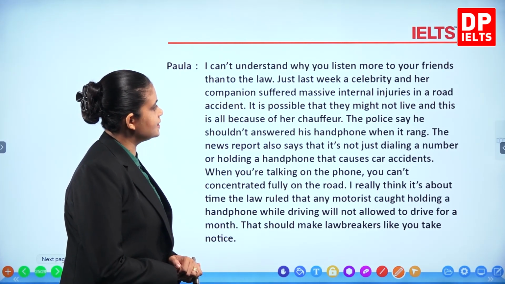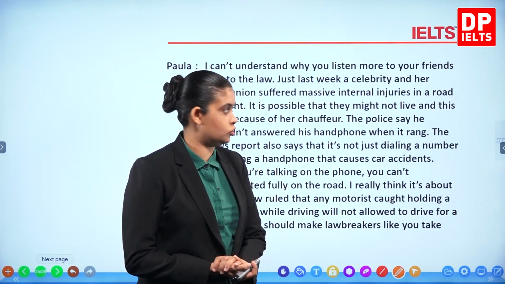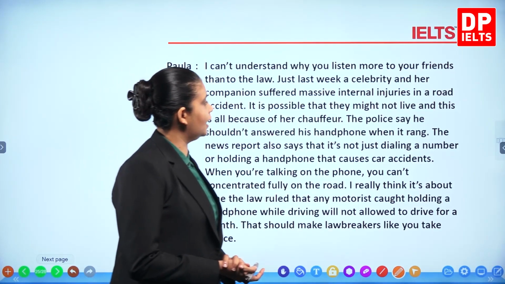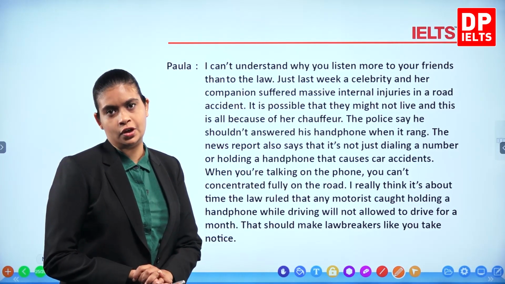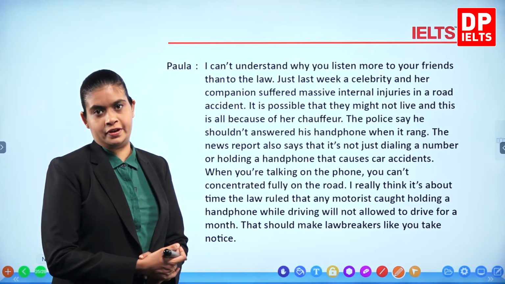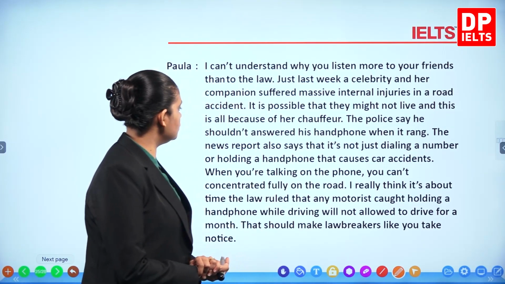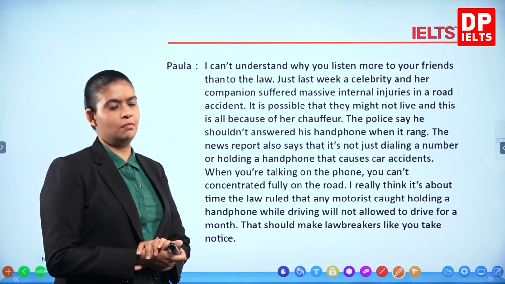Just last week, a celebrity and her companion suffered massive internal injuries in a road accident. It is possible that they might not live, and this is all because of her chauffeur. Chauffeur is the person who drove her, okay? The police say he shouldn't answer his handphone when it rang. So handphone is the mobile, right?